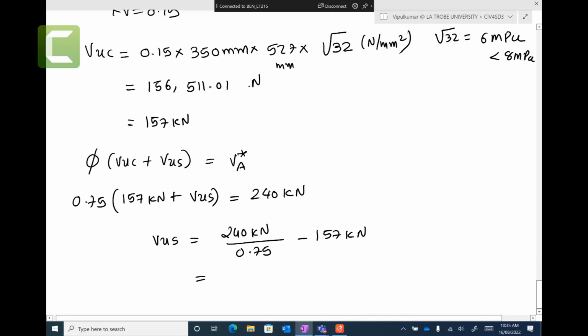So 240 divided by 0.75, take away 157, you get 163 kilonewtons as a capacity of your steel.